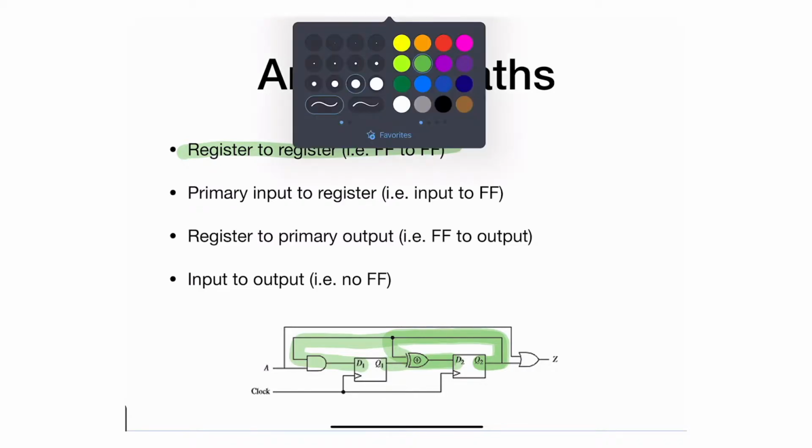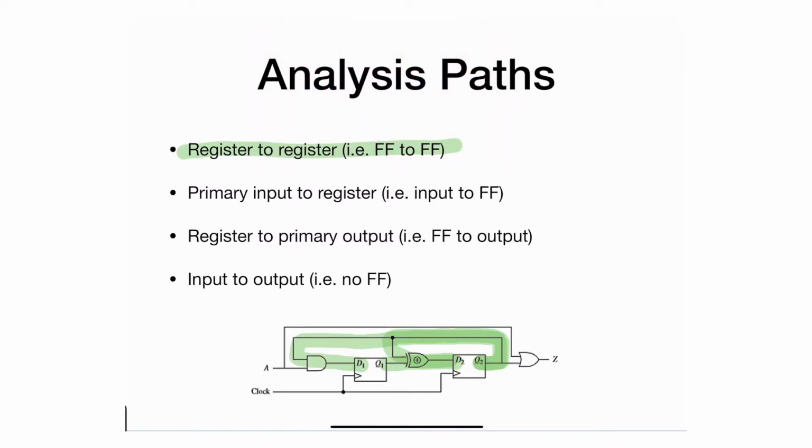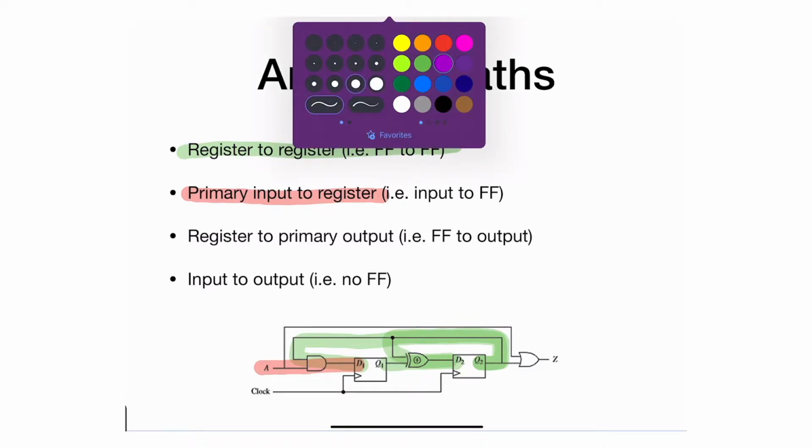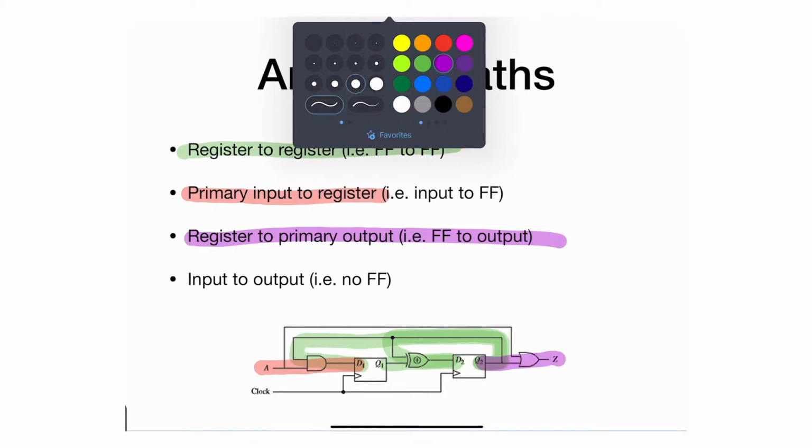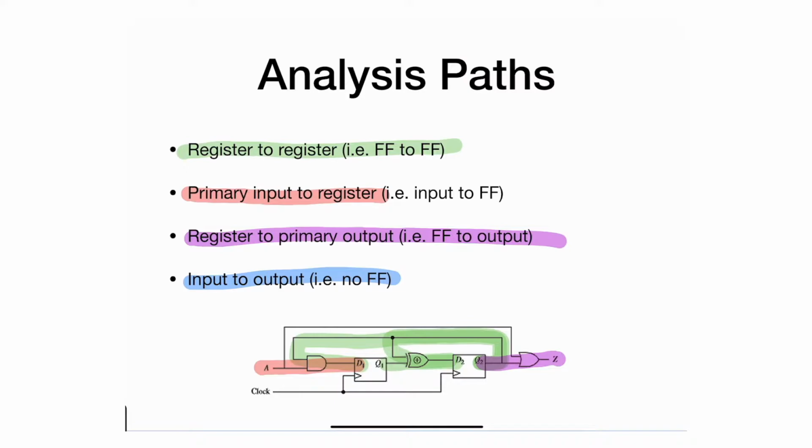Circuits usually have other paths as well. For example, sometimes it's from an input to a register, like from A to Q1, or from a register to an output, like Q2 to Z. And lastly, you might see something from input to output. Frankly, the input to output probably doesn't matter that much because there are no sequential circuit parts in there.